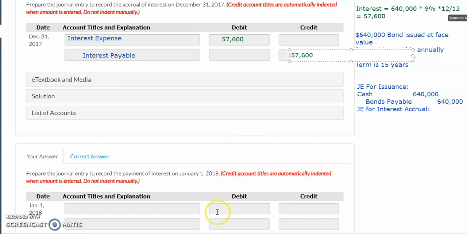And then when we record the payment of the interest, we're going to be paying the full amount of $57,600 on January 1st of each year. And the accounts that we're going to debit and credit for the payment will include interest payable and cash.